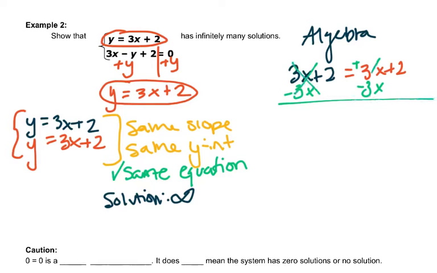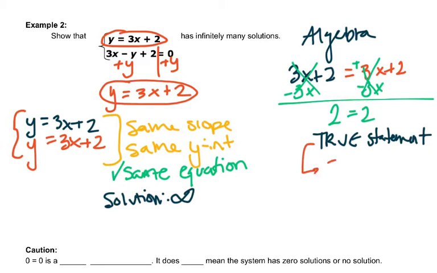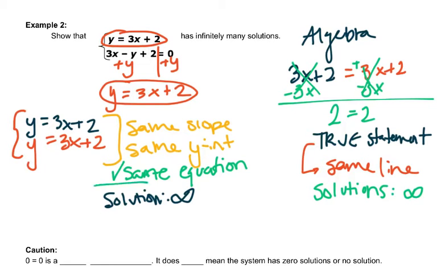And that cancels, and I'm left with 2 equals 2. And that is a true statement. And so because it's a true statement, that means that they are the same line. And that means that the solutions are infinite.